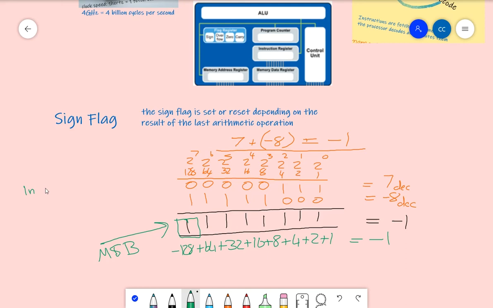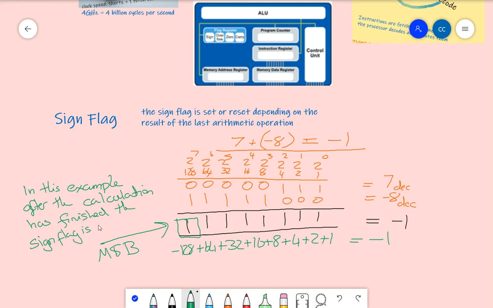In this example, after the calculation has finished, the sign flag is set to 1, indicating the number is negative.